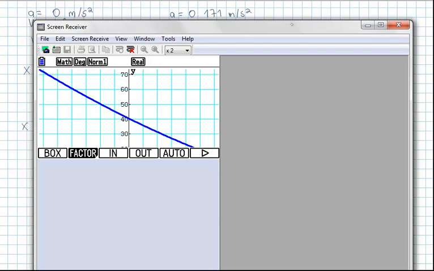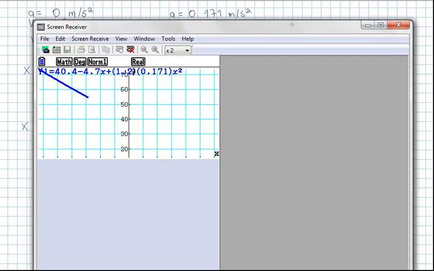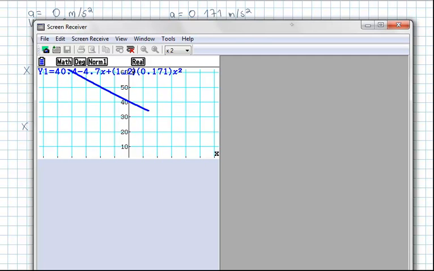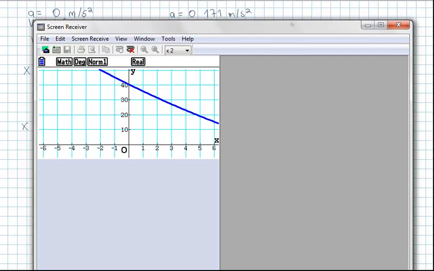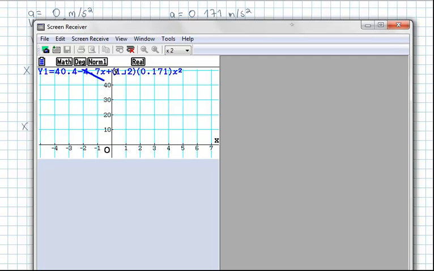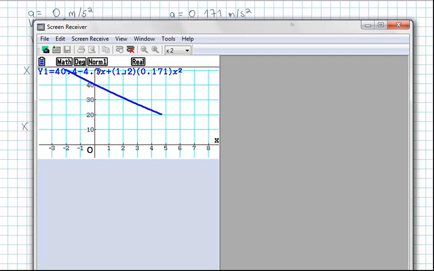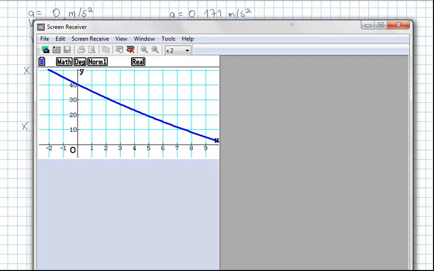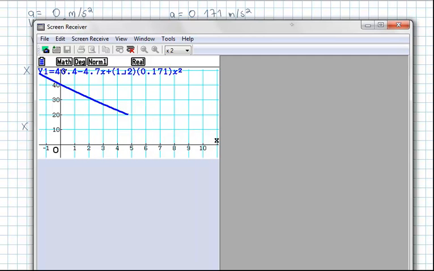I'm going to move my graph a little bit so we can see where it crosses the axis.